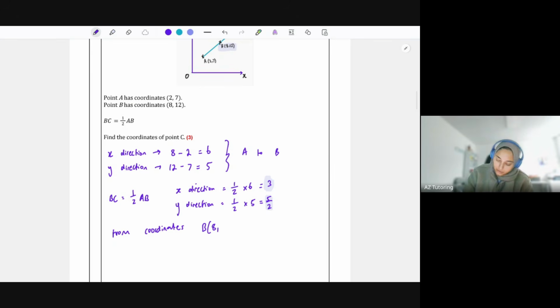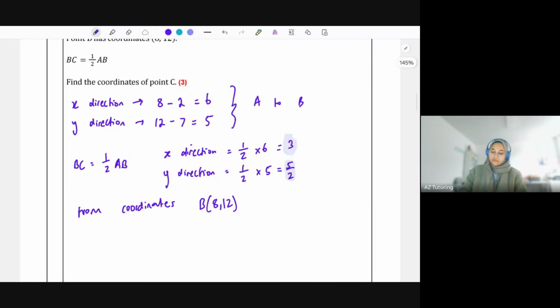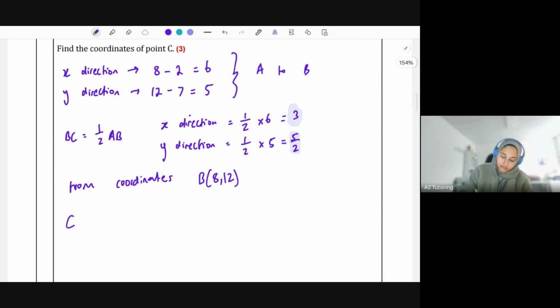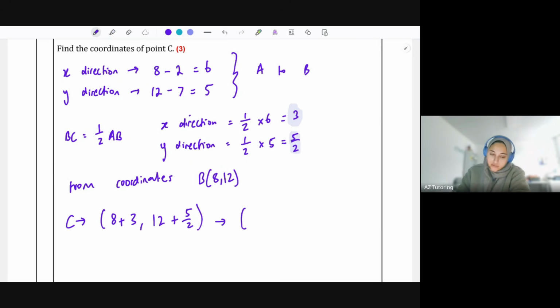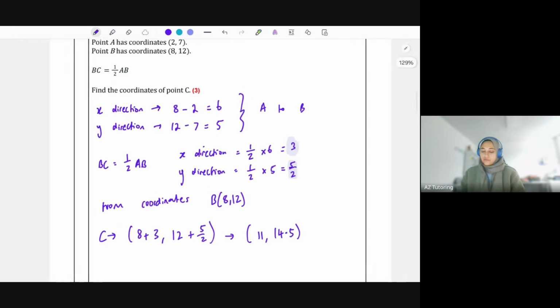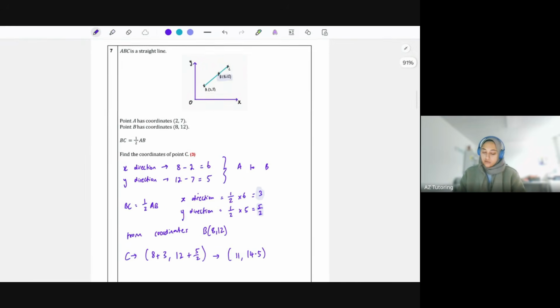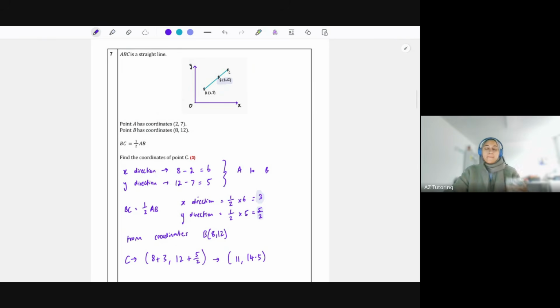So B being 8, 12, I would just say C. For the X, it's 8 plus 3, and for the Y, it's 12 plus the Y direction, which is 5 over 2. That just gives us 11 and 14.5. There you go. That's how you do that for 3 marks.